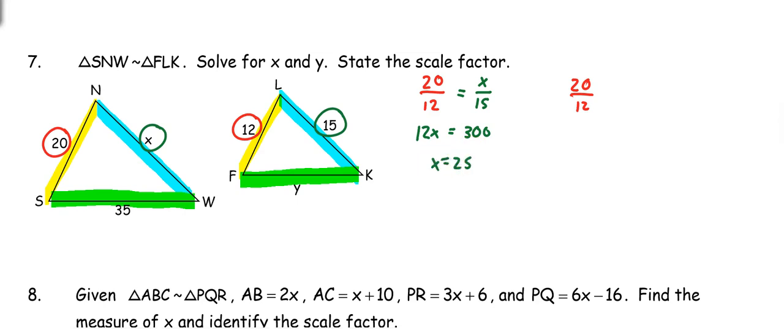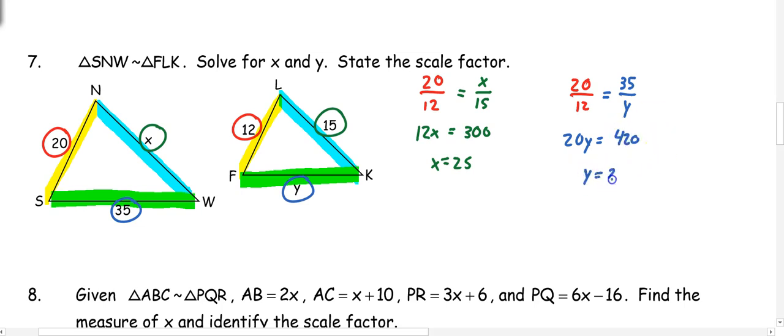And we're going to do the same thing to solve for y. So 35 and y are on the same sides of the triangle. So we have 20 over 12 equals 35 over y. When I cross multiply, 20y is equal to 420. When we divide by 20, we get that y is 21.